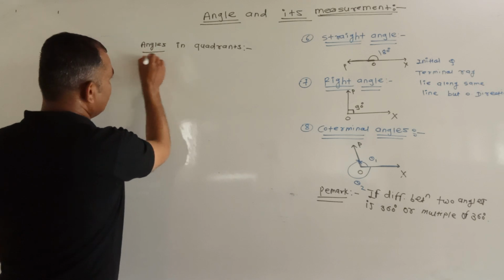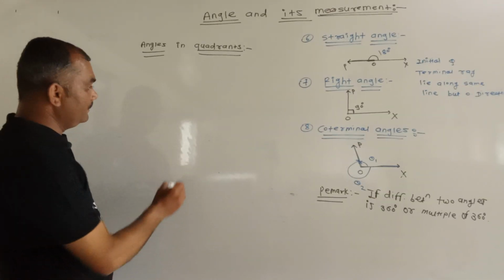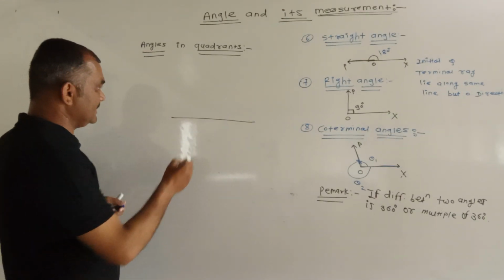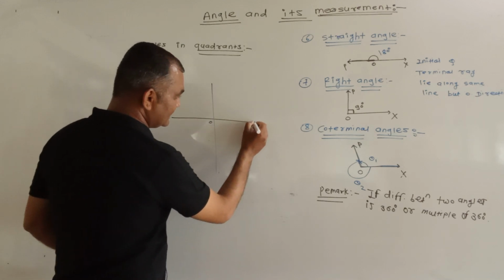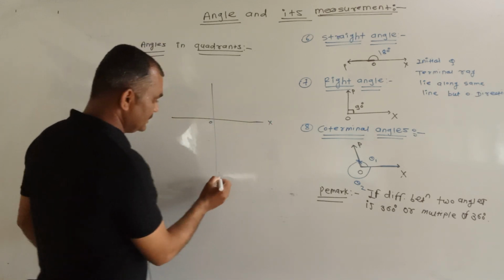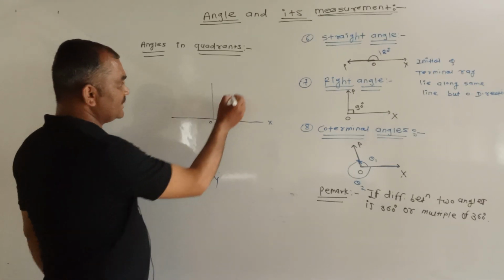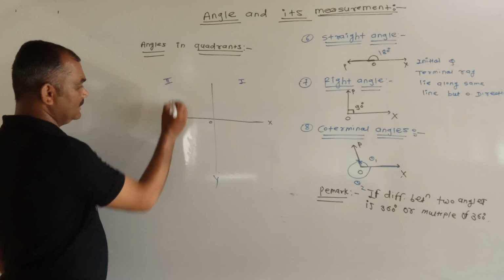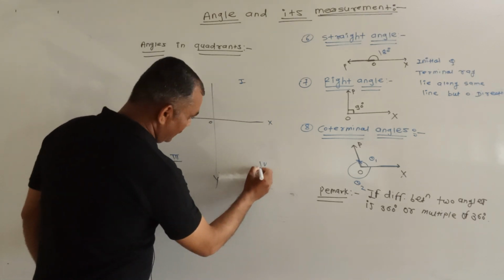Suppose this is your coordinate system, this is your x-axis and this is your y-axis. Suppose here is origin O. Okay, this is called as first quadrant, this is called as second quadrant, then ये आपके पास आएगा third quadrant and ये आपके पास आएगा fourth quadrant.